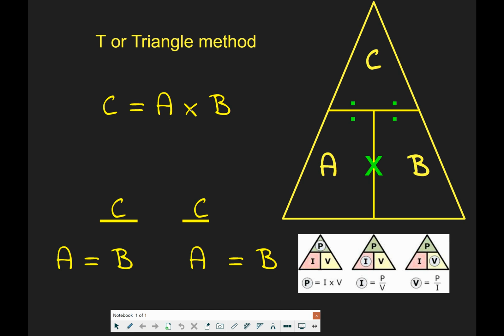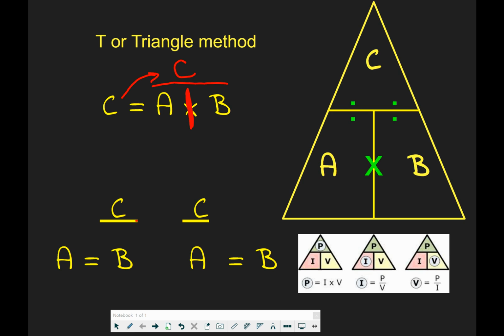is when it is A times B like this, you're going to put a line in between the X, and then you're going to put a line on top, and then you're going to move this letter right up there. Now, if it's A equals C over B, when they're fractions, they're actually a lot easier.